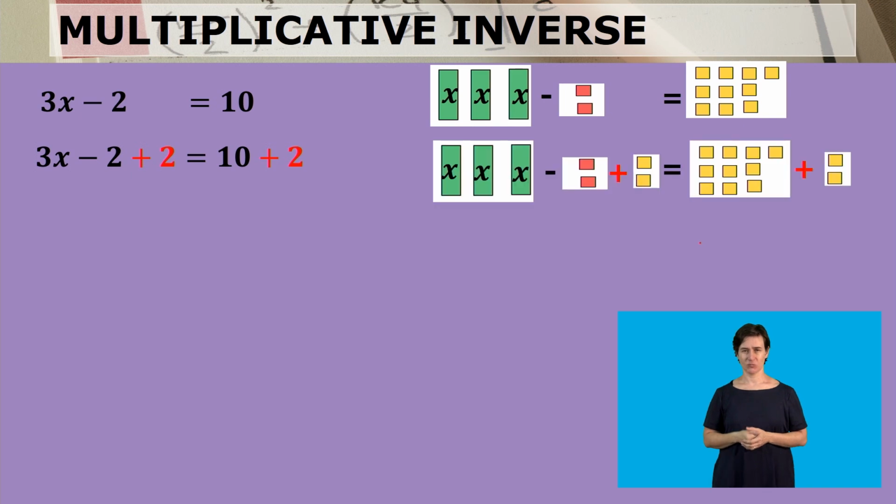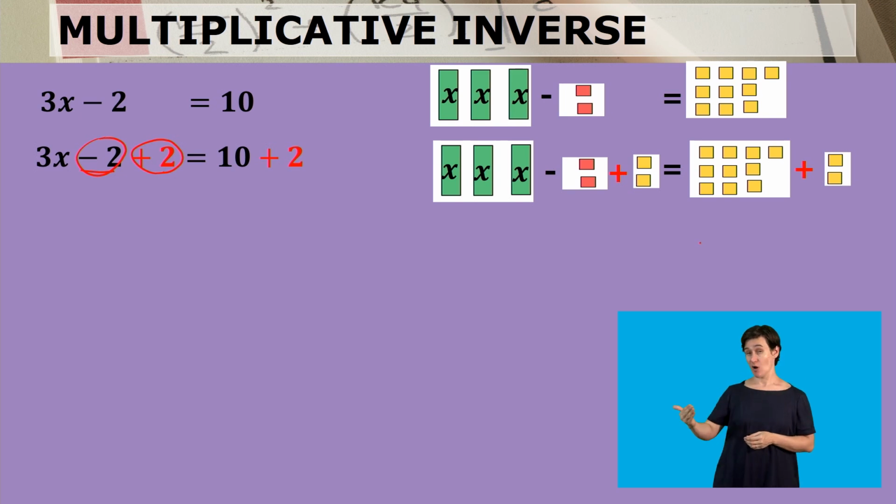Let's look at the model. On the model, the same, because we are now adding 2 yellow boxes on the left-hand side, we are also going to have 2 yellow boxes on the right-hand side. And then negative 2 and positive 2 are going to give us 0 when we add them together, such that we remain with 3x.